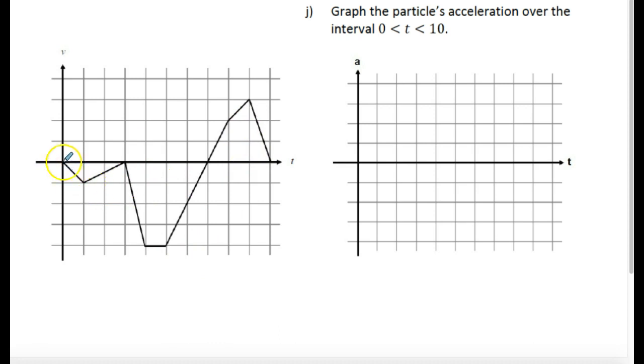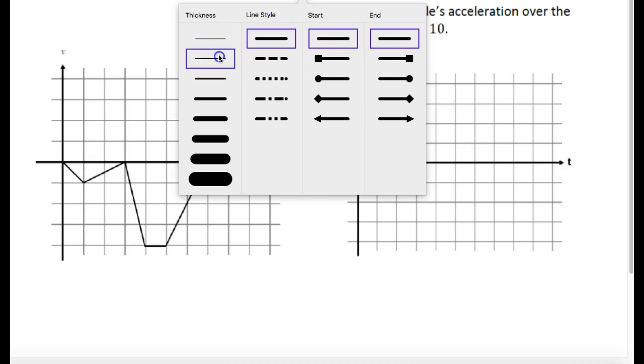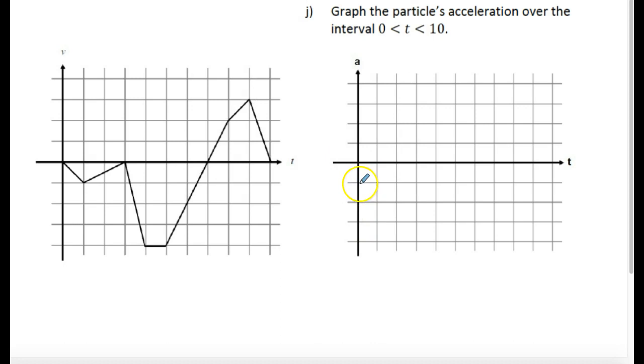From 0 to 1, this line segment has a slope of -1. So, let me change my line thickness just a little bit. All right, so from 0 to 1, the acceleration is -1.